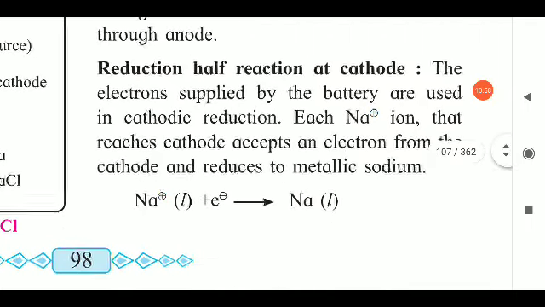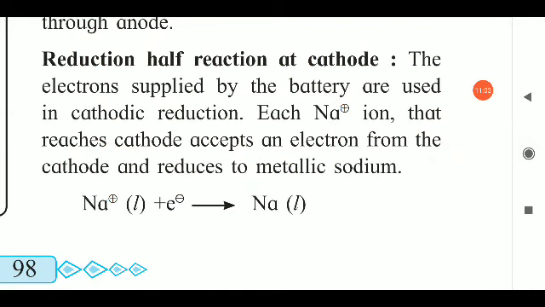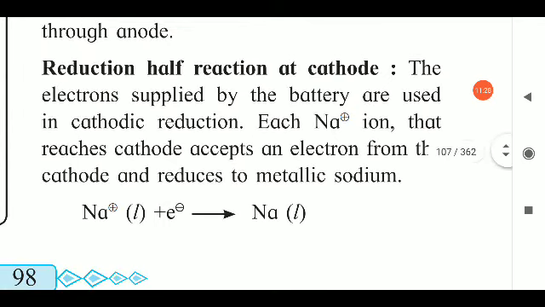Now students, after that you have to learn the reduction process, like that of the oxidation at the anode. We already said that one trick to remember which process takes place at which electrode is: anodic oxidation and cathodic reduction. Keep that sentence in mind. Now in this reduction half reaction at the cathode, let us study what is happening.